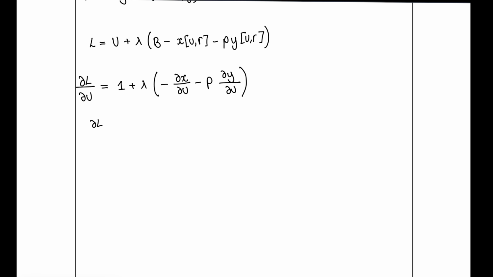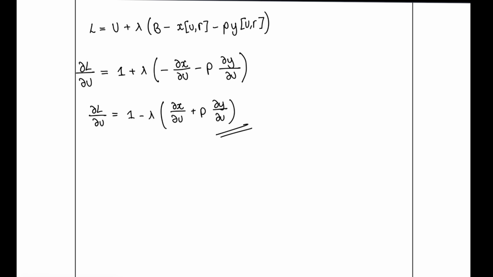So this we can write as 1 minus lambda. Cool. So that's one of our first order conditions. If we equate it to 0, we will get 1 is equal to lambda times the partial derivative of x with respect to u plus p times the partial derivative of y with respect to u.